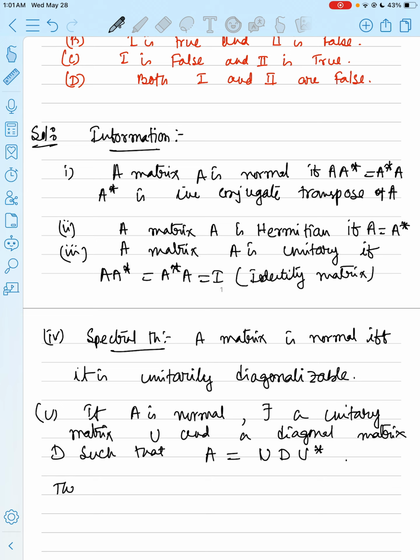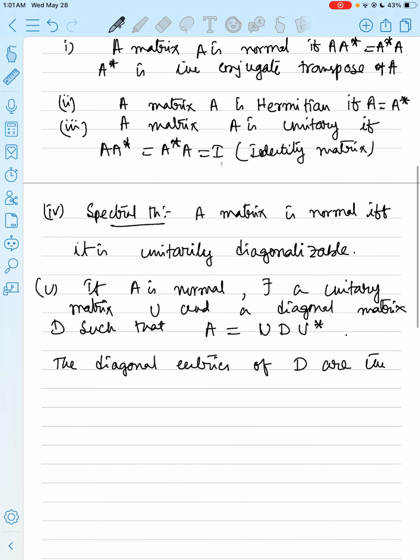The diagonal entries of D are the eigenvalues of A.